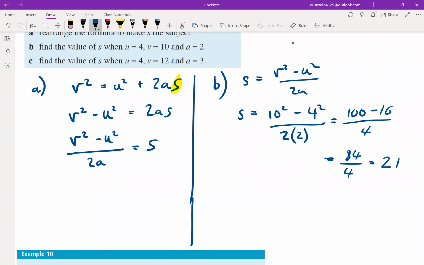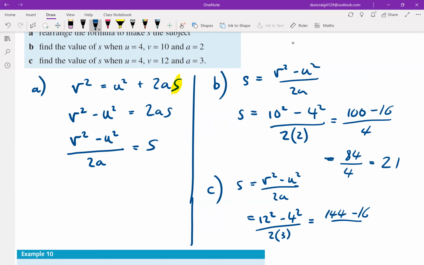And now if we do part C, s is equal to v squared, take u squared, all over 2a. Let's put in the values. 12 squared, take 4 squared, over 2 lots of 3. So 144 take 16, all over 6.